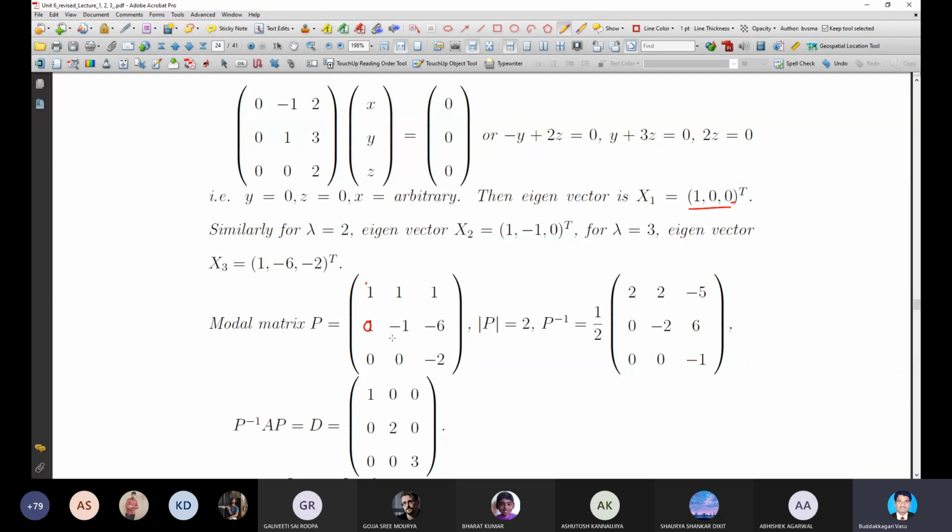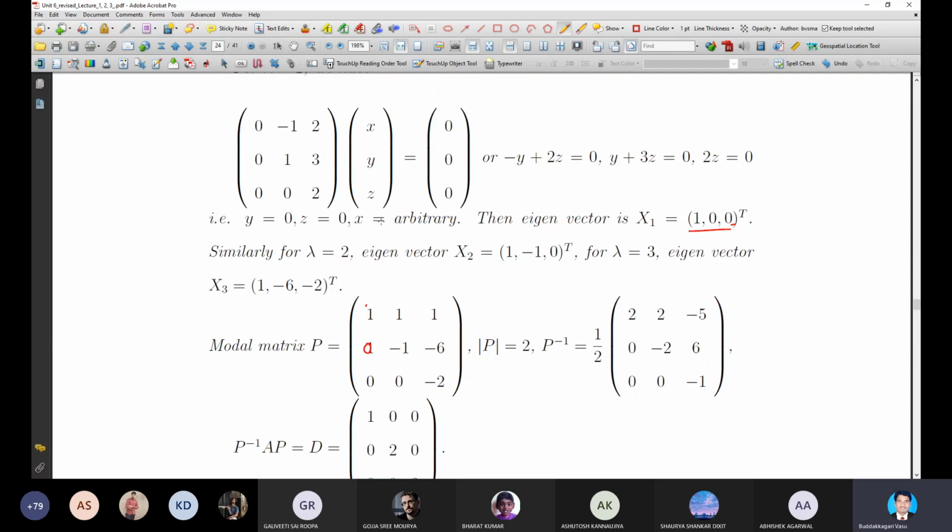Please find the correction in the file that we have uploaded, because when the equation results, one more operation has to be applied in R2. This you make 0, and in R3 finally you make 0.